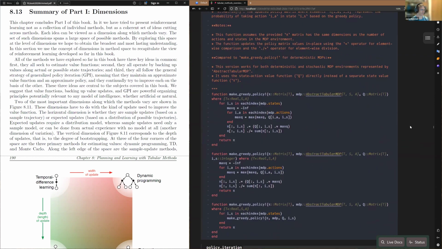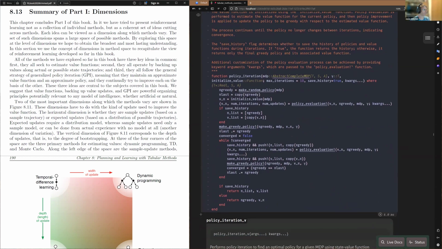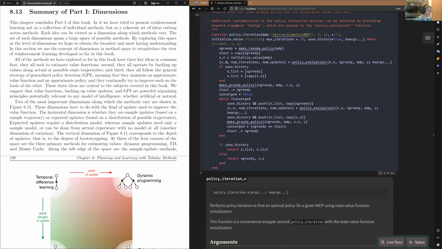But if I show you the code for policy iteration, what it does is we start out with a random policy. We evaluate the policy to get the value function. And then we make the policy greedy with respect to the value function, and then repeat that process over and over.